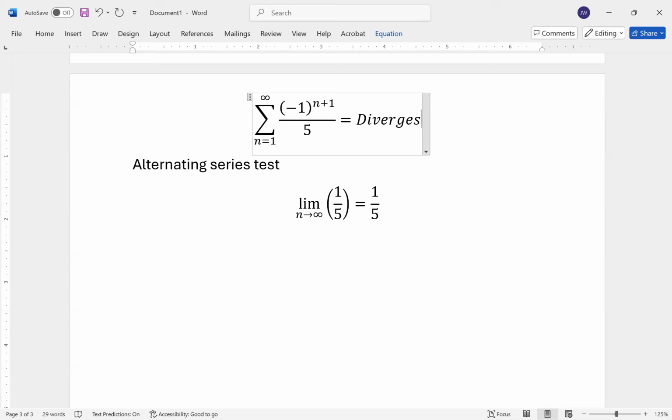And that's it. That's the whole thing. The alternating series test shows that it diverges. We can stop there. We don't need to do any absolute value of the terms work because we know the series diverges. So stop there and then move on to the next problem.